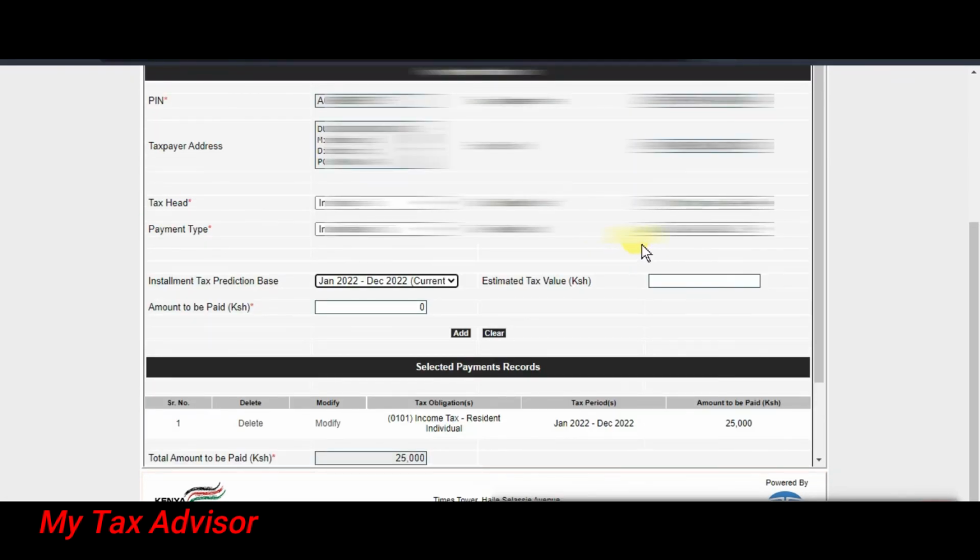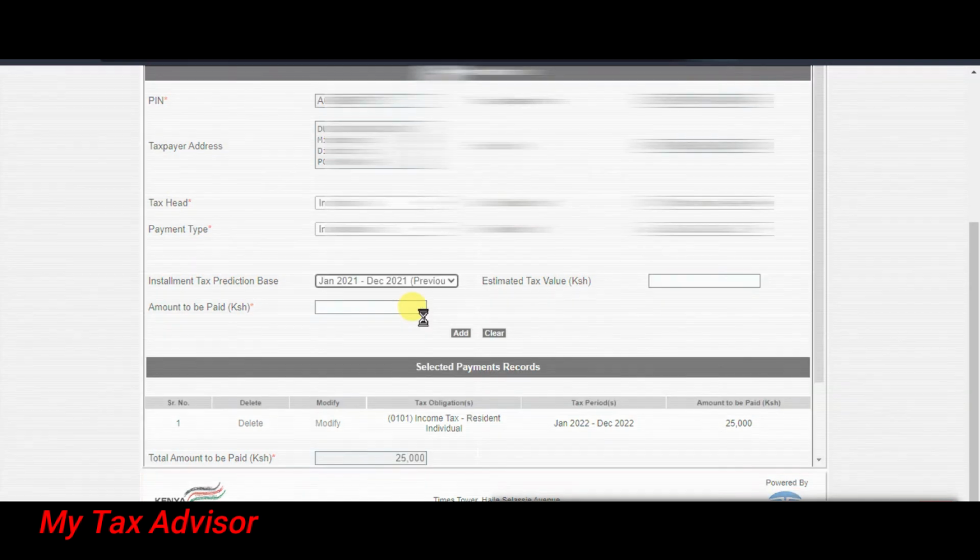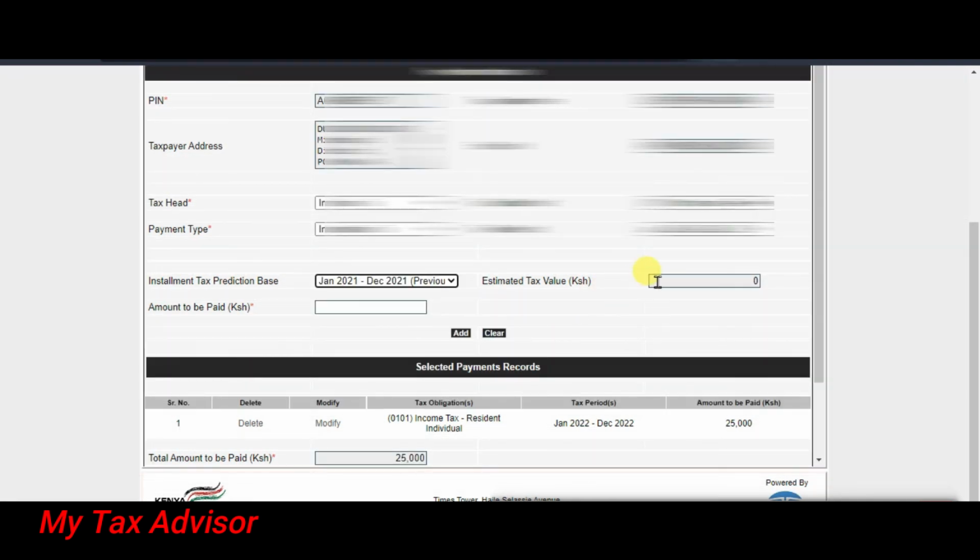Okay, let us now assume that we want to do our prediction based on the previous year taxes. And once you highlight that, it's gonna pick for you, I'll pull for you, the previous year tax multiplied by 110%. And let's assume also that this was 100,000. All right, so you're gonna pay 25% of that in the first installment, and you know installments, that is gonna be 25,000, right?